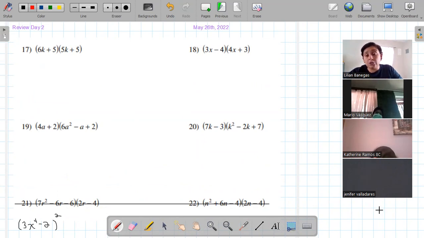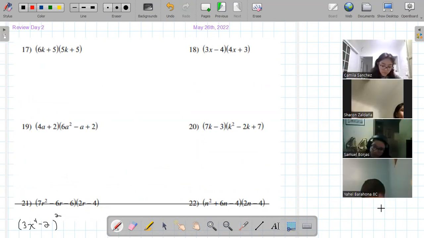And what are we going to do? We're going to use FOIL or distributive property, okay? FOIL is just like the abbreviation of the procedure, where the first term multiplies the outer and the inner, and then the last term also multiplies the outer and the inner, okay? So in this case, that's what we're going to do.